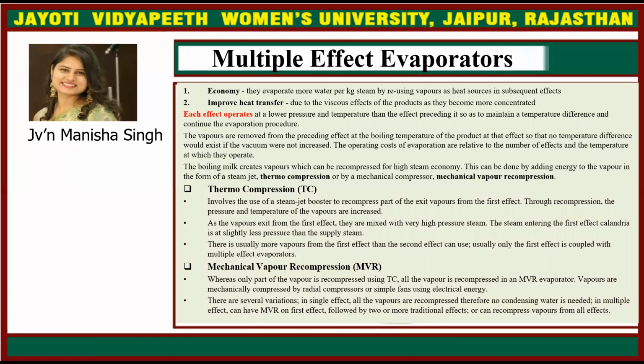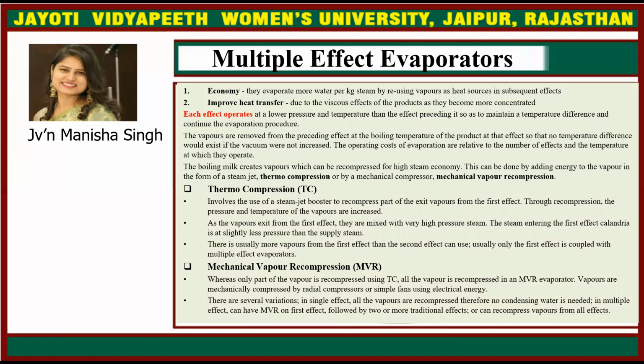The boiling milk creates vapors which can be recompressed for high steam economy. This can be done by adding energy to the vapor in the form of a steam jet, thermocompression, or by mechanical compression, mechanical vapor recompression. First is thermocompression, which involves the use of a steam jet booster to recompress part of the exit vapors from the first effect.